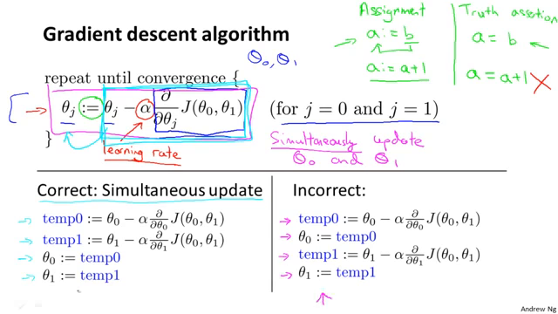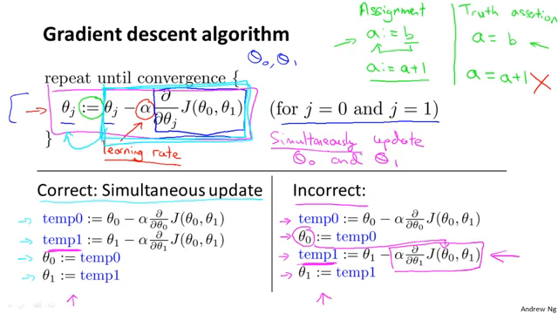And the difference between the right-hand side and the left-hand side implementations is that if you look down here, at this step, if by this time you've already updated theta 0, then you would be using the new value of theta 0 to compute this derivative term. And so this gives you a different value of temp 1 than the left-hand side, right? Because you've now plugged in the new value of theta 0 into this equation. And so this on the right-hand side is not a correct implementation of gradient descent.